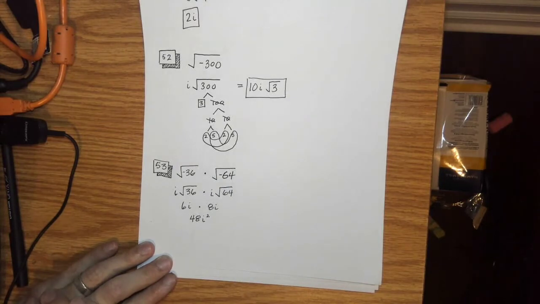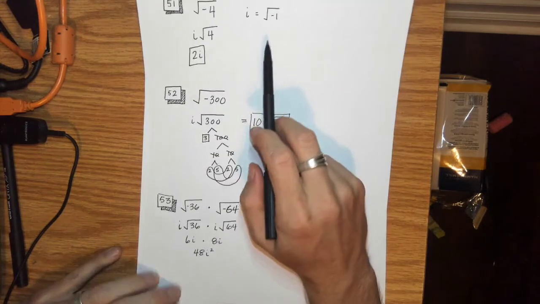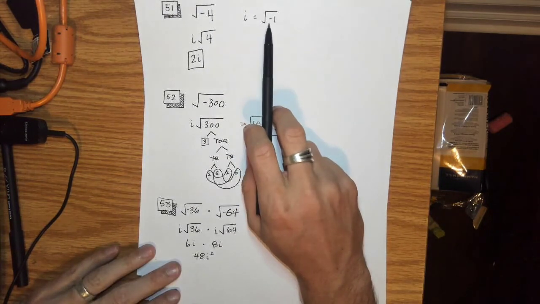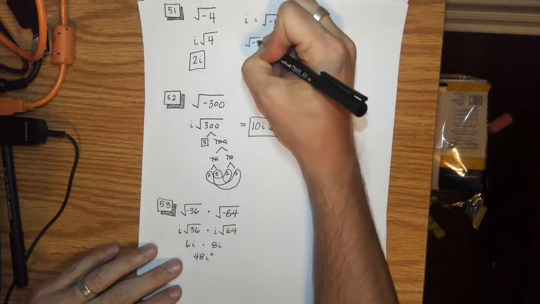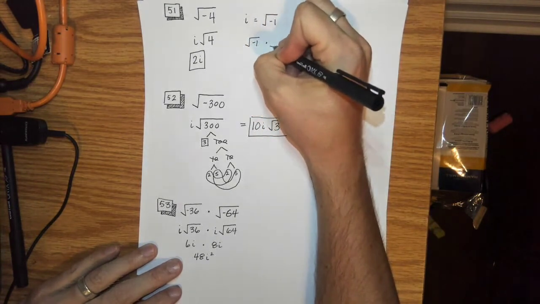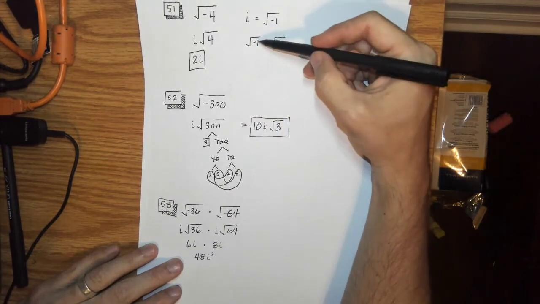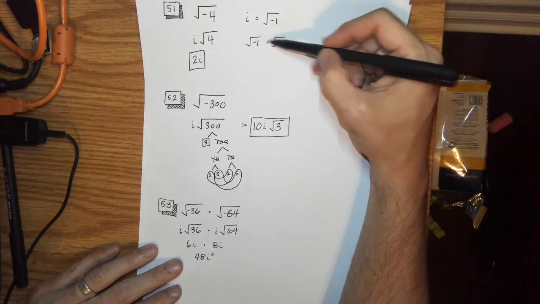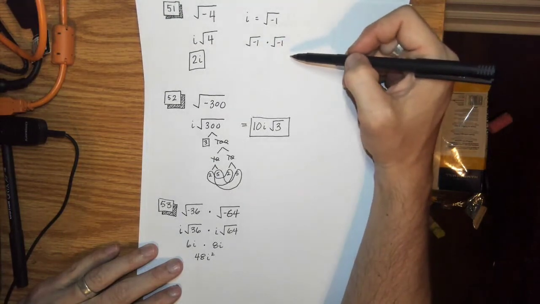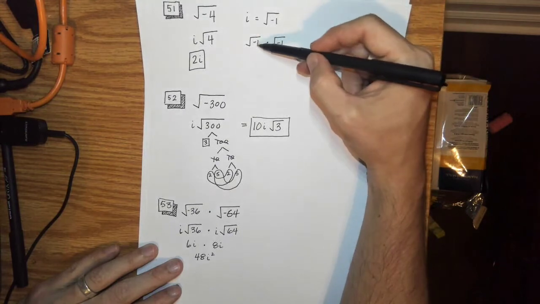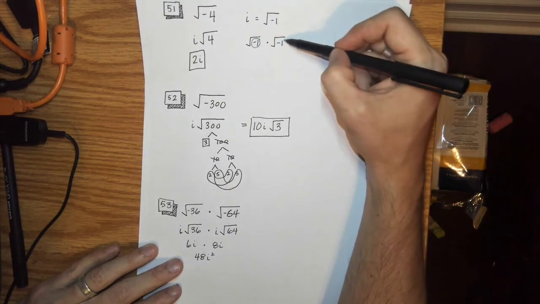Okay, now coming back to that line of thinking, with our i equaling the square root of -1, this would be like the square root of -1 times the square root of -1, right? Now, one thing we can't do on here is we can't multiply these two together and create a positive, because these are imaginary numbers. All this ends up happening is this actually becomes the matching number that's under the square root.